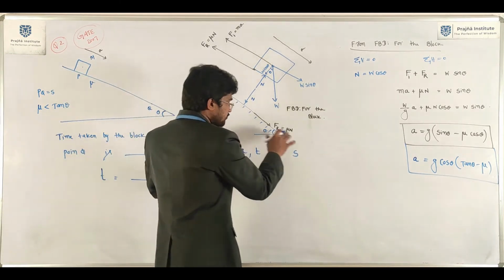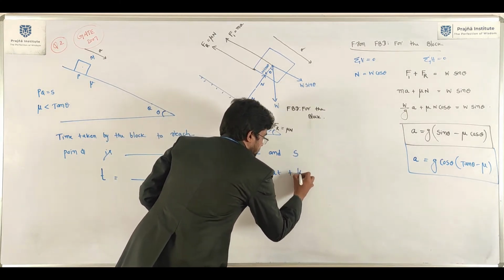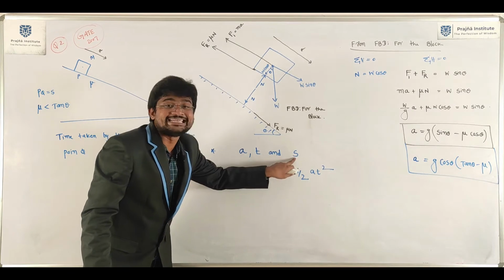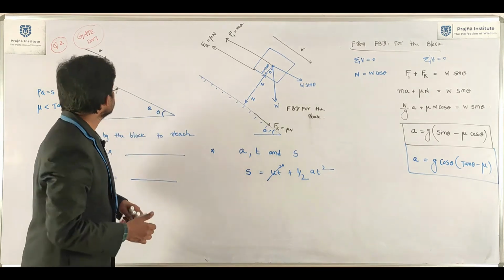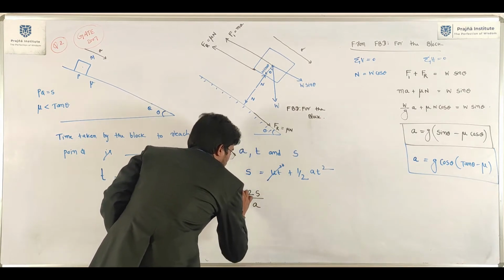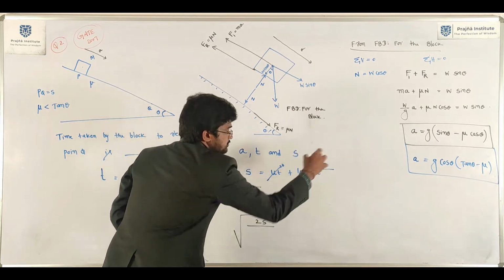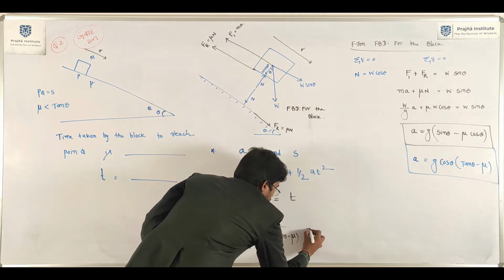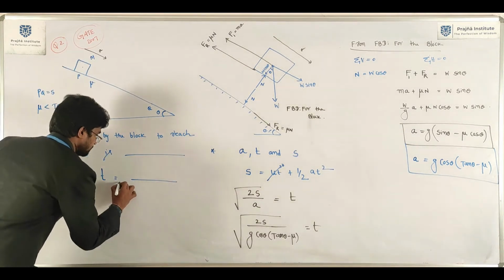It is S equals ut plus half a t square. Here initially the initial velocity is 0, it is released from rest. Now time is the square root of 2s by a. Here, square root of 2s by g cos theta into tan theta minus mu. You got an expression for the time taken by the block to travel a distance of S.